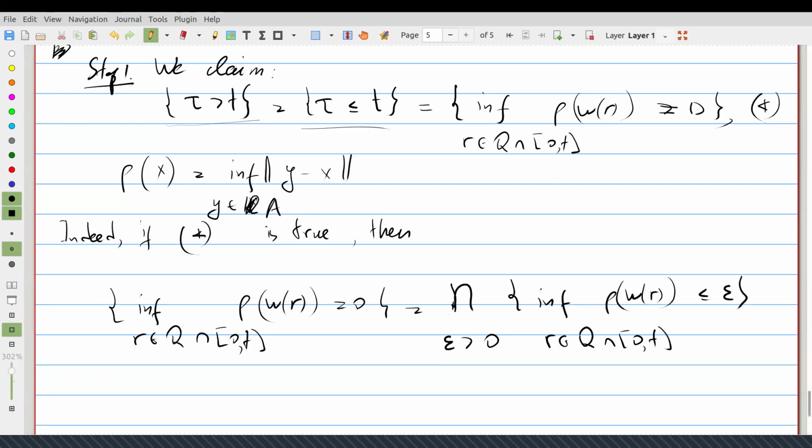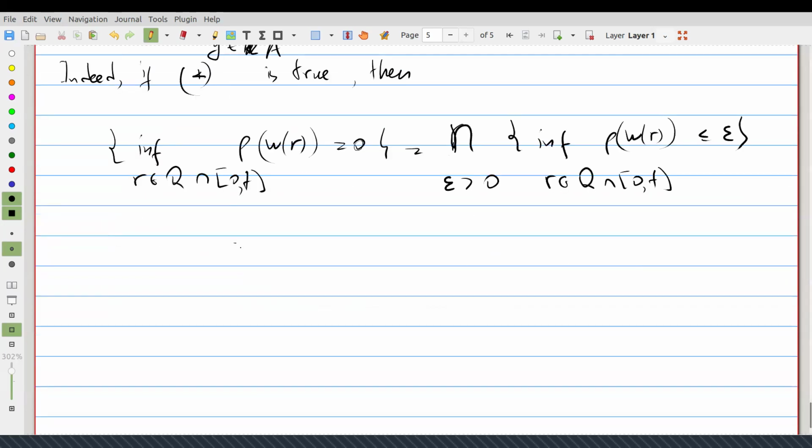If the infimum is 0, that means that it is less than any positive epsilon. On the other side, we can now get rid of epsilon and say that this infimum is less than 1 over n. Right? Right.